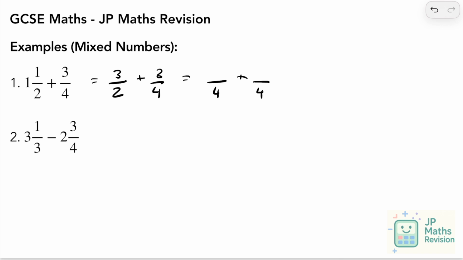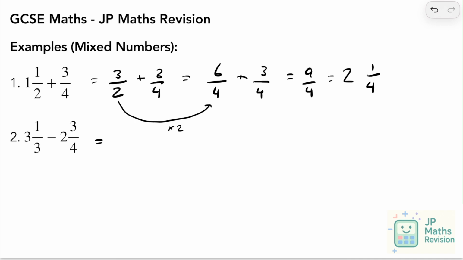To get from 2 to 4, I times by 2, so 3 times 2 is 6, and 3 over 4 is already over 4, so that one's fine. So 6 plus 3 is 9 over 4, and that's the answer as an improper fraction, but if I wanted to convert back to a mixed number, I would ask, how many times does 4 go into 9? 4 goes into 9 2 times with 1 as a remainder, so it's 2 1/4.